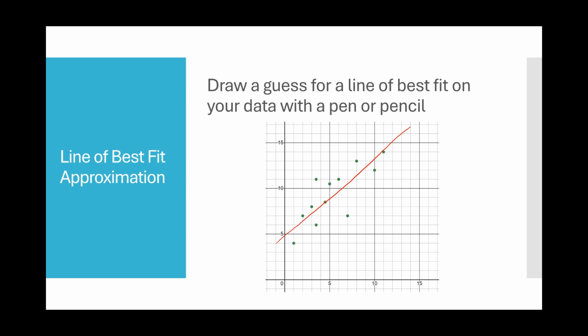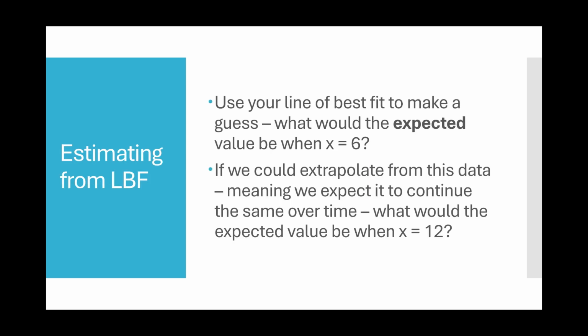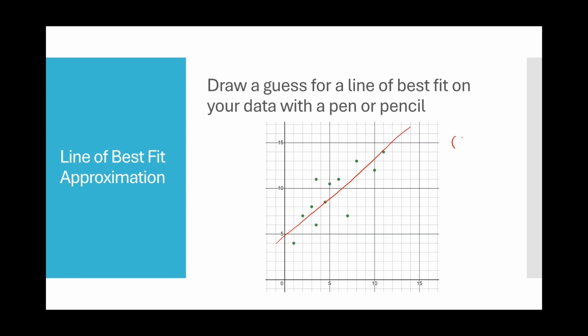In this class, what we're really going to do is use technology to find our line of best fit. But first, let's look at my little estimate one. We are going to see the expected value when x is 6, and then saying, if this data would keep continuing in the same pattern over time, could we also guess what our value might be when x is 12? So when x is 6, I've got, I don't know, maybe 9.7.